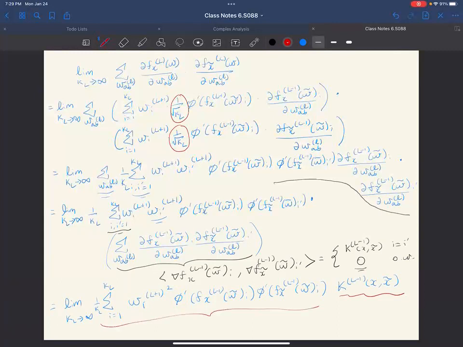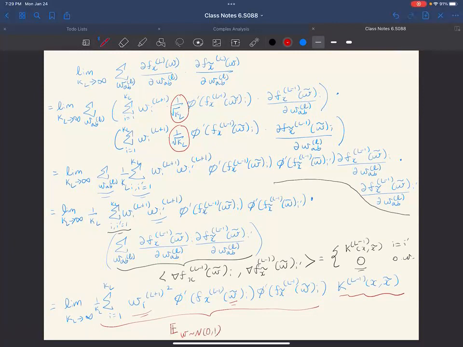The reason we already know this is that this is going to be a giant expectation over these W_i at L plus 1s, which are independent of all of the entries in W tilde. So we know that the expectation of W_i at L plus 1 squared is just going to be 1. And we're going to get an expectation. So this whole thing is going to be an expectation.